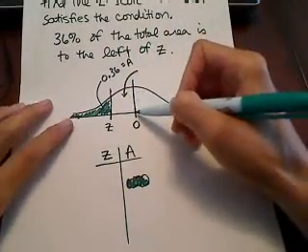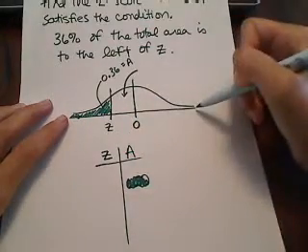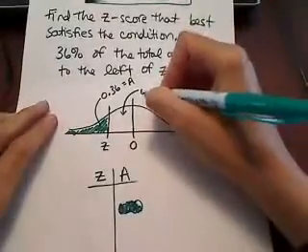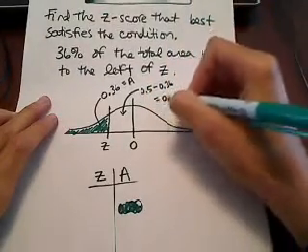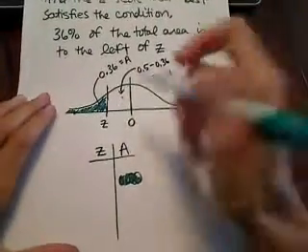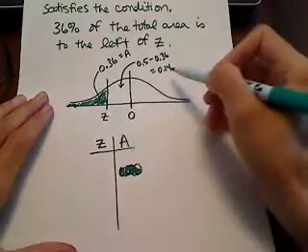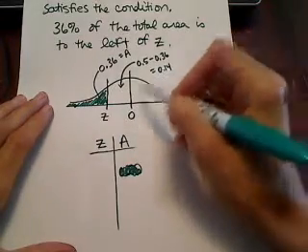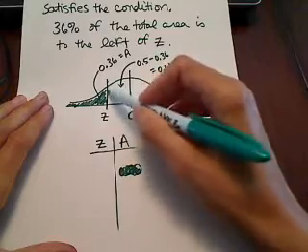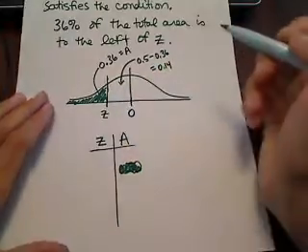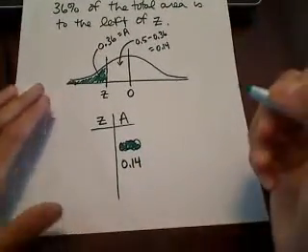I know that half of the values occur on the left-hand side of 0, and half occur on the right-hand side. So if I take 0.5 and subtract 0.36, I get 0.14, and that's the area for this region right here. The z-score that corresponds to an area of 0.14 is going to give me the z-score that I need. So I'm going to look for an area of 0.14.